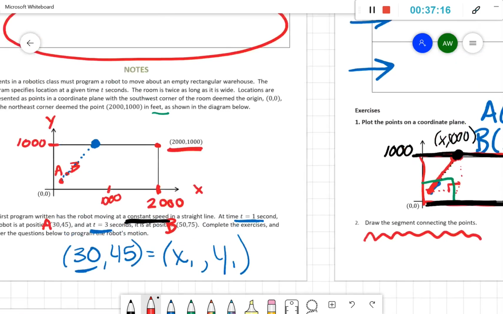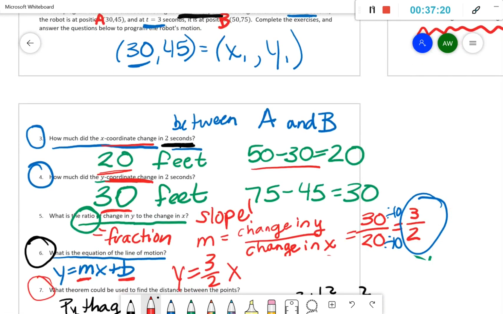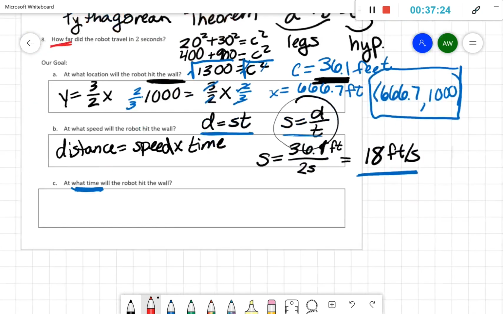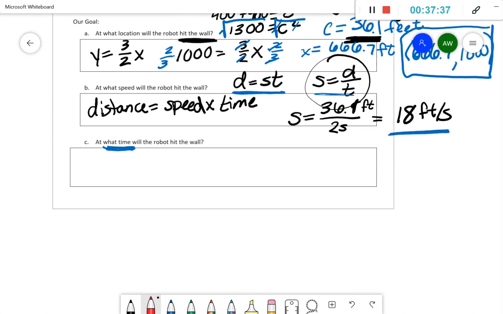And we know that when we did this before, just between A and B, that involved us subtracting our points. So we're going to do that exact same thing again. I'm going to use point A for this. A was at 30, 45, and at t is equal to 1 second.